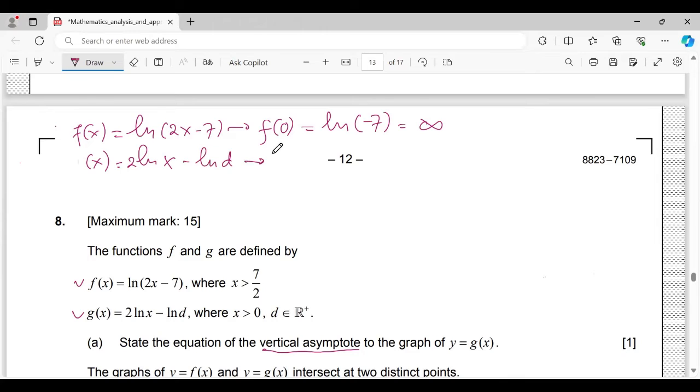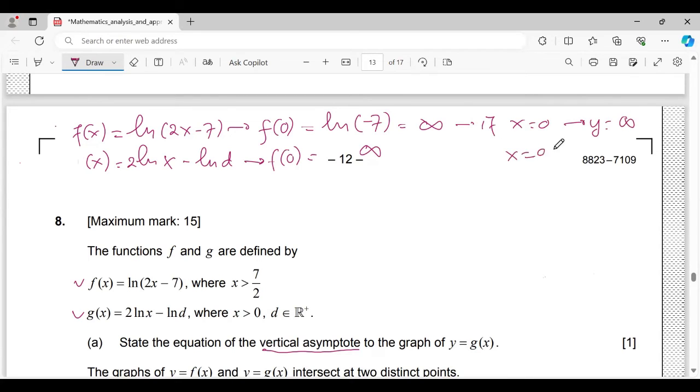If x equals 0, this one as well is infinite. To make it clear, if x equals 0, y equals infinite.